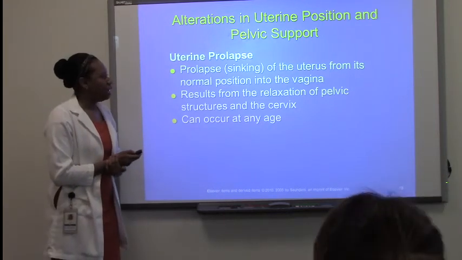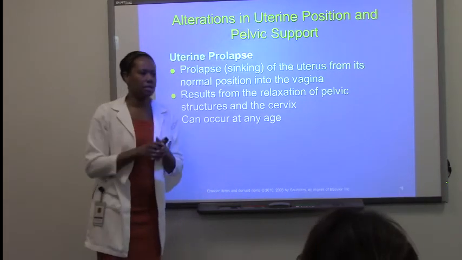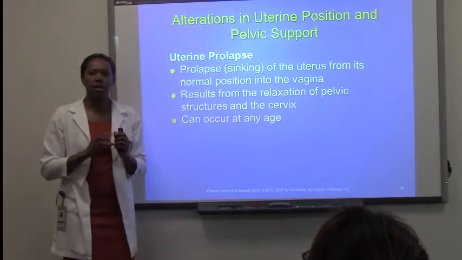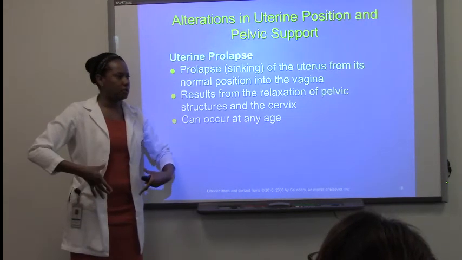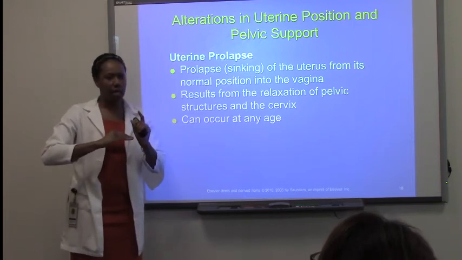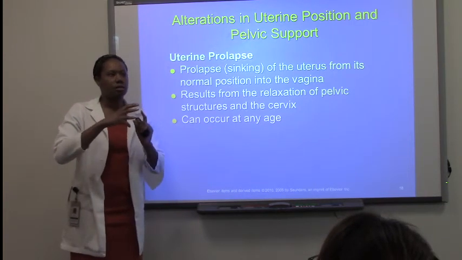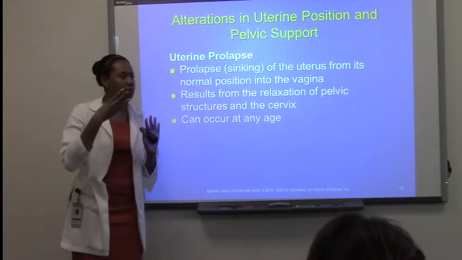One thing I just want to clarify, and hopefully you'll remember this. In anatomy, when you look at the female reproductive system, you have uterus, cervix, and vagina. Usually in the doctor's office, they say uterus, cervix, and vagina as if it's three different organs.